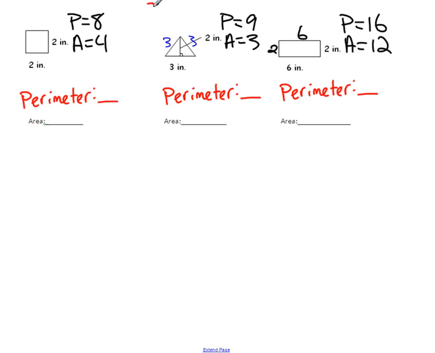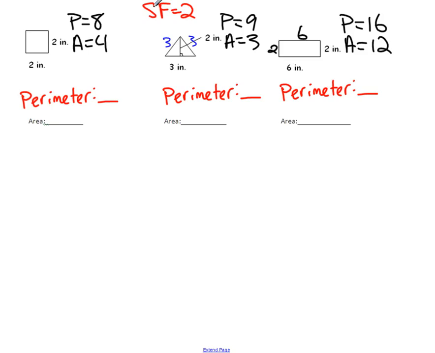And we're going to see how does that change the perimeter and area. So if you look at that square, if you change it by a scale factor of 2, what would happen to the perimeter? It would go up by how much? It would double.